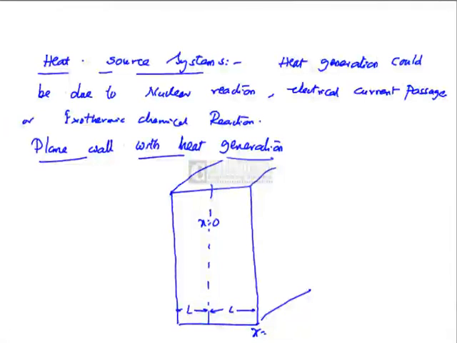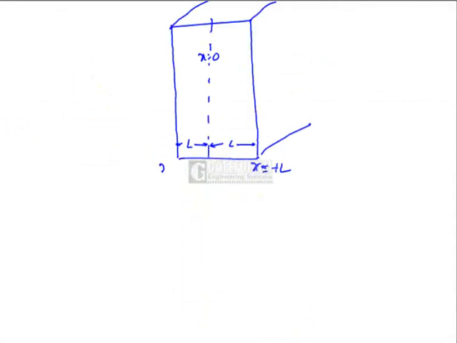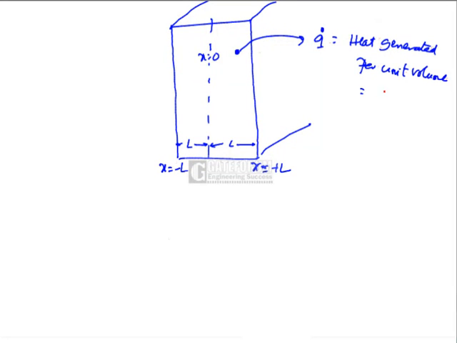Here x is equal to plus L and here x is minus L. There is heat generation throughout. Let Q dot is equal to heat generated per unit volume in watts per meter cube. Please note that there is uniform heat generation.